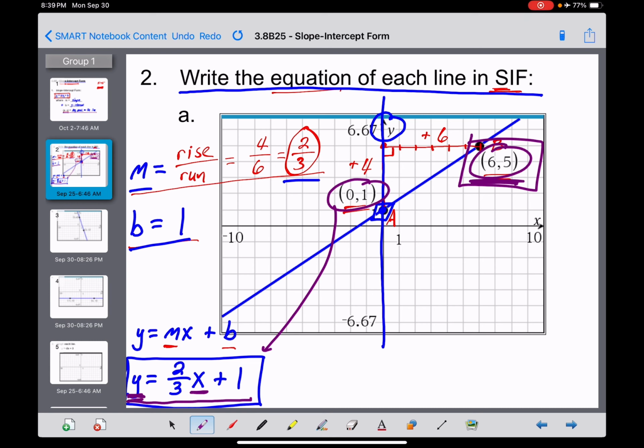I would start with a y value, which in this case is 5, equals 2/3 times an x value of, well, at that point our x value is 6 and plus 1. So now let's find out if this ends up giving us the true equation we wanted. 5 equals, you guys would probably want to grab your calculator right now and just type this whole mess in there at once. 2/3 times 6 plus 1.